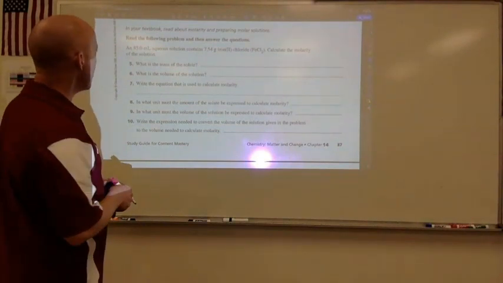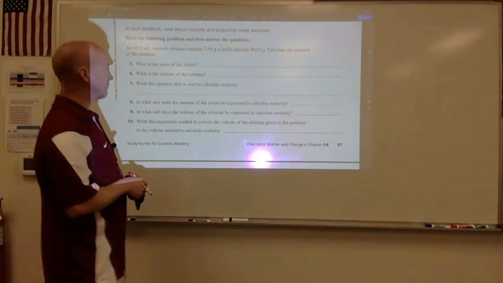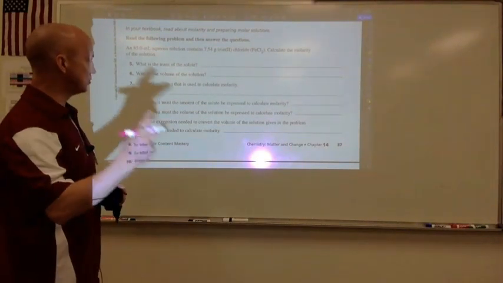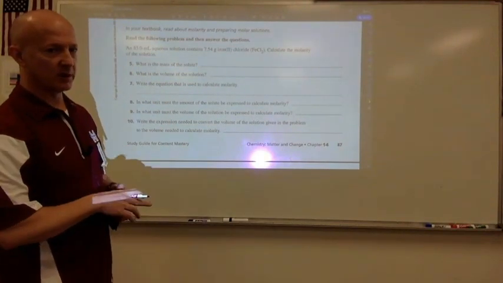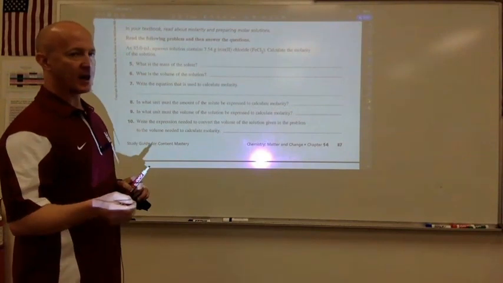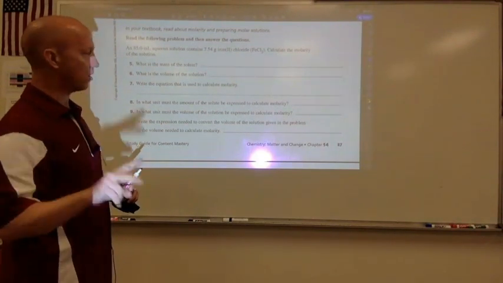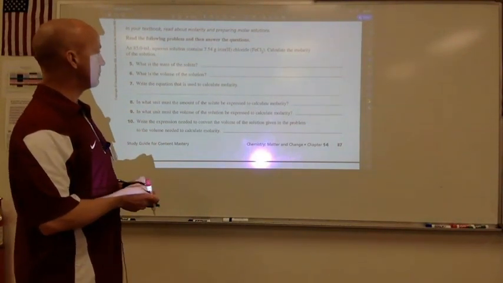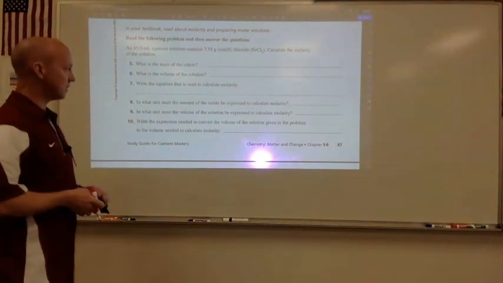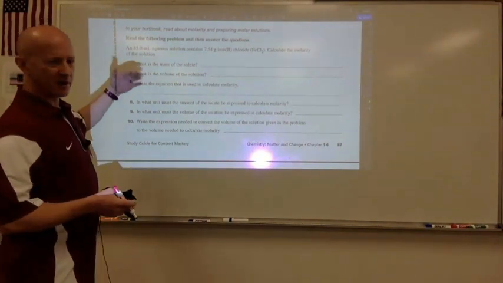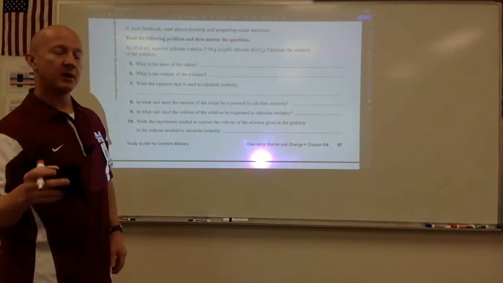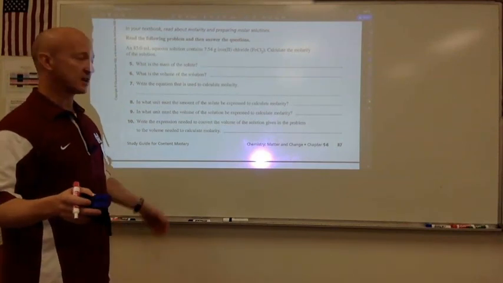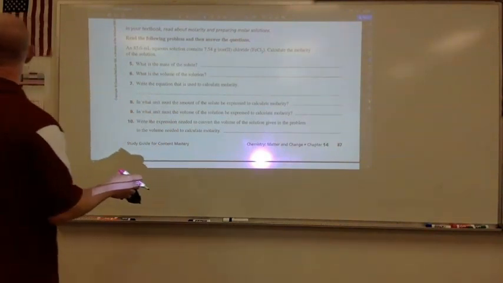Aqueous solution contains 7.54 grams iron 2 chloride. Again, the Roman numeral 2 means that here iron has a +2 charge. Calculate the molarity of the solution. All right, so they take you very much step by step. These are going to seem like softball questions, but there's a reason for it, and they're taking you step by step on how to do this.